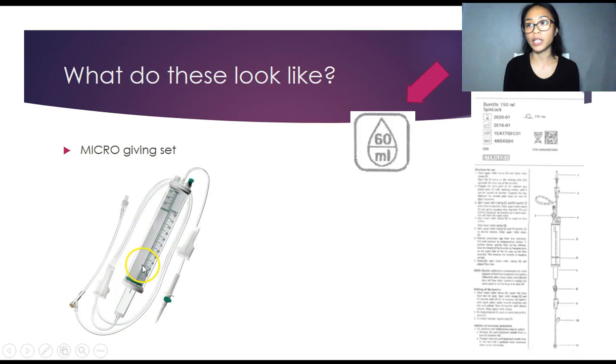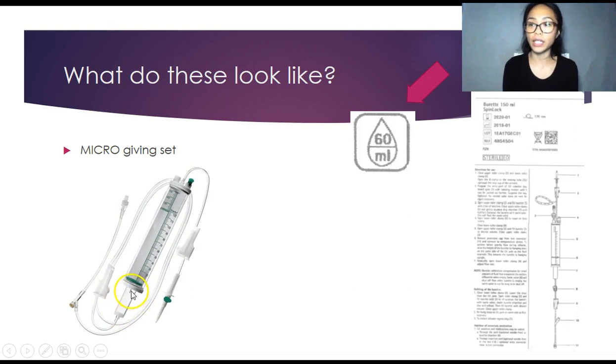Otherwise, it's quite similar to the macro set in that there is a spike that gets connected by piercing an IV fluid bag through the appropriate port. There's some roller clamps which will determine the rate of infusion or stop it altogether. There is a drip chamber underneath the burette.